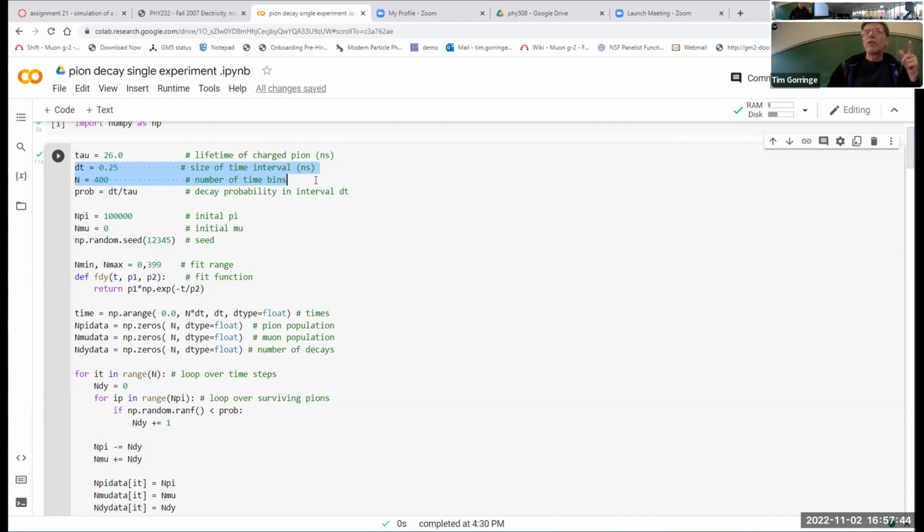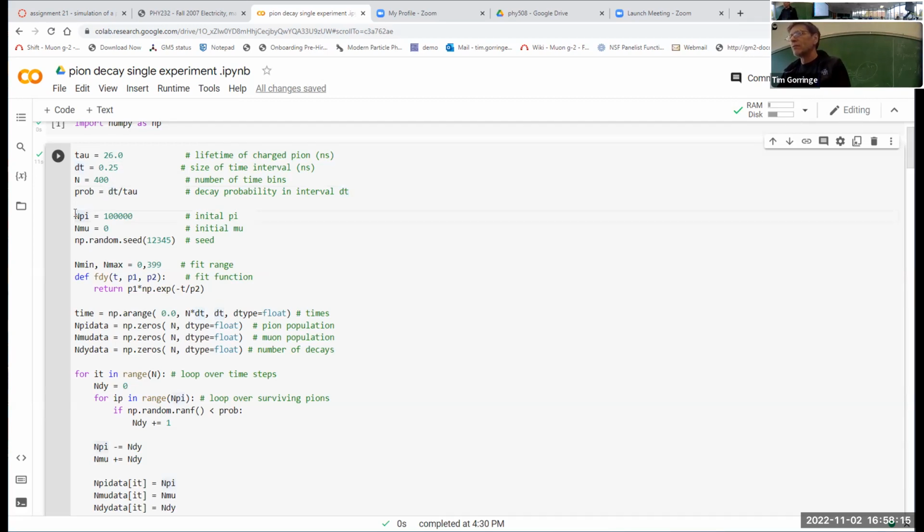When I do the calculation, I'll keep using a probability for any particular pion decaying in one of those time intervals. That probability is just the time interval, 1/4 of a nanosecond, divided by the pion lifetime. At least that's the probability in the limit that the time interval is short compared to the lifetime.